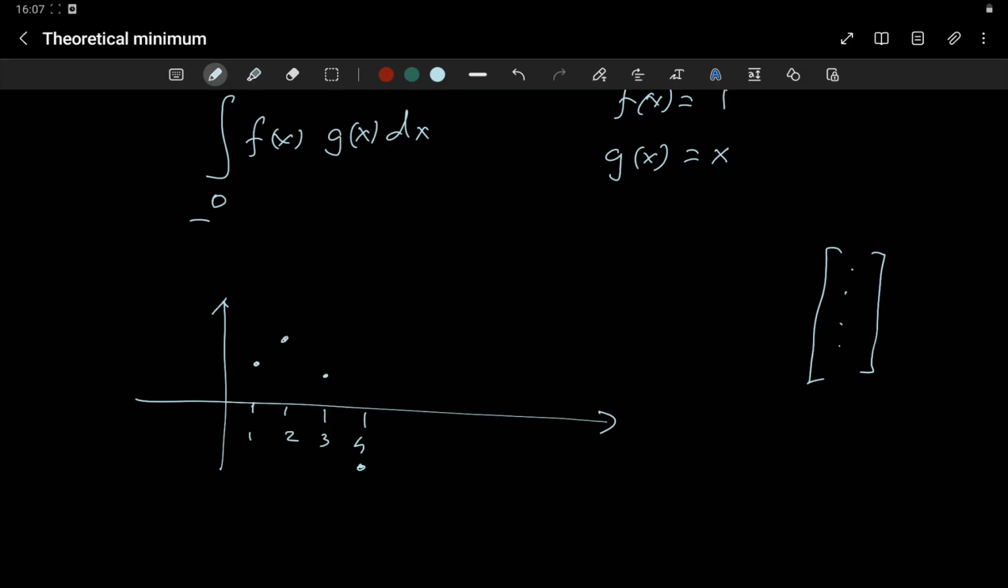Now let's see what the inner product is. For the dot product, you take the first element times the first element, plus the second times the second, plus the third times the third, plus the fourth times the fourth, like that. Say this is the first vector and this is the second vector.